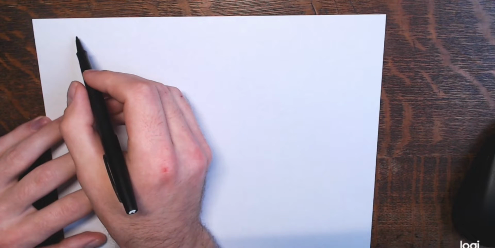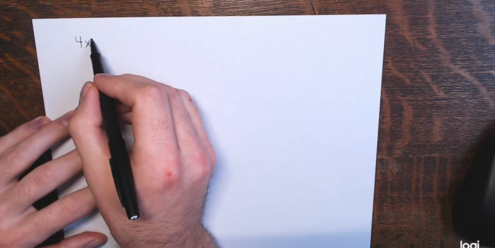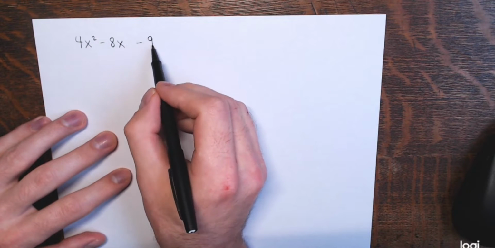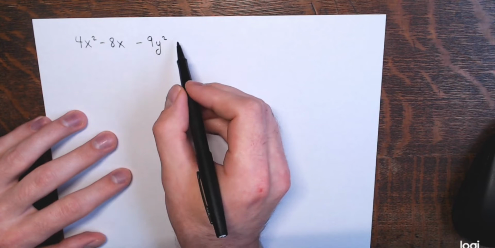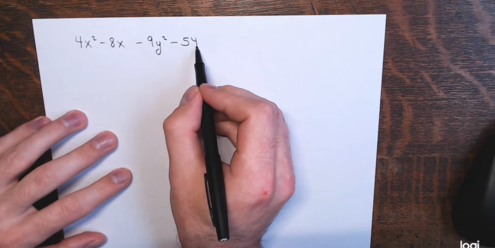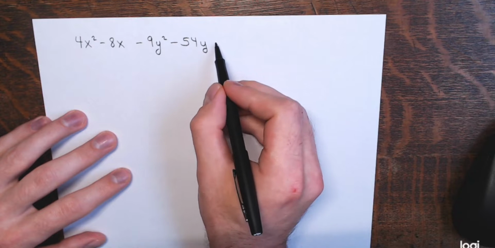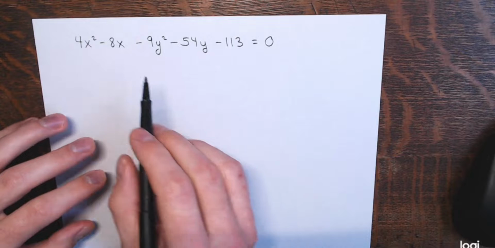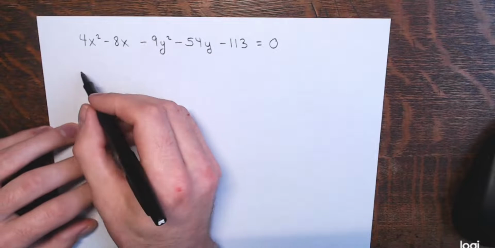So I have 4x squared minus 8x, then minus 9y squared minus 54y minus 113 equals 0.